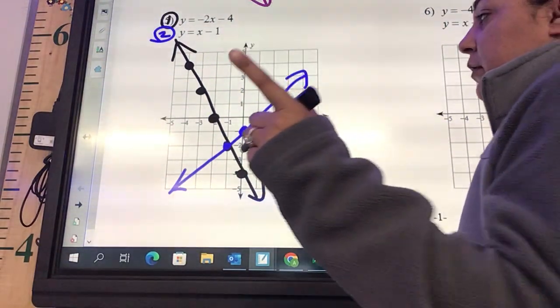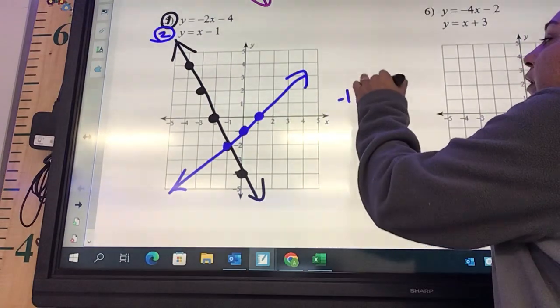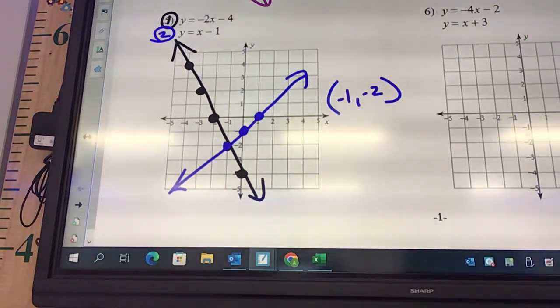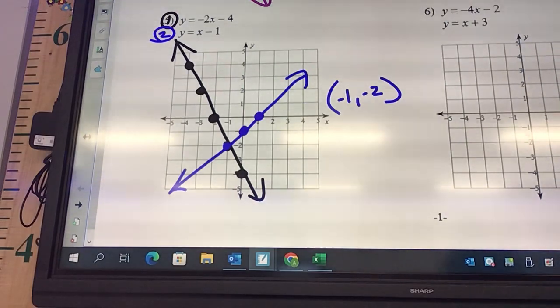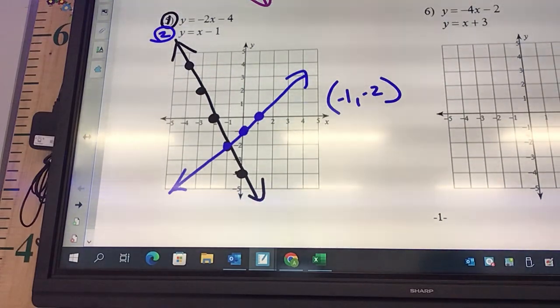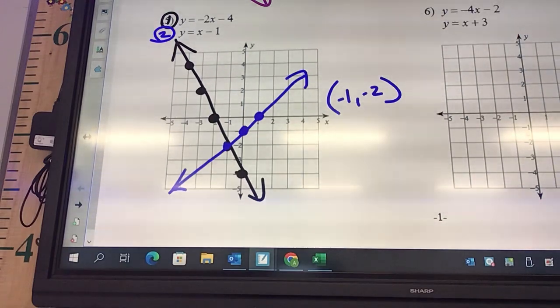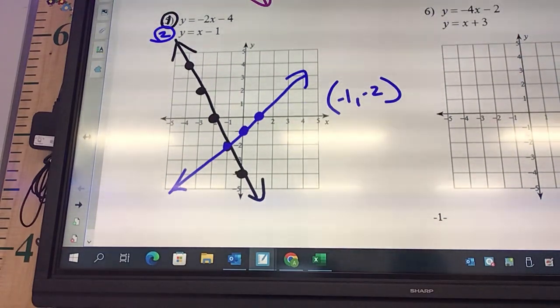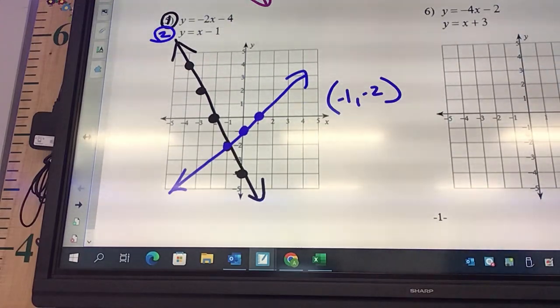Other way, Chase. -1, -2. Good. Can I scroll? Yeah.